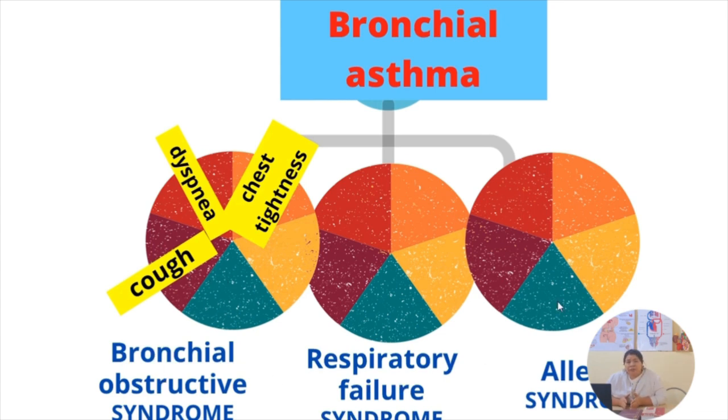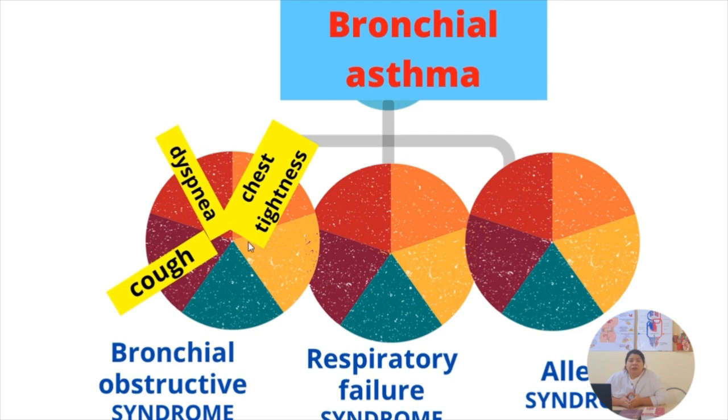Example: bronchial asthma is a disease. Inside bronchial asthma, we have different kinds of syndromes, like bronchial obstructive syndrome, when our bronchi become too narrow because of an allergic process. Also, bronchial asthma has allergy syndrome and respiratory failure syndrome. But bronchial obstructive syndrome, which has different symptoms like cough, dyspnea, chest tightness, which are caused by one mechanism, may be part of different kinds of disorders.